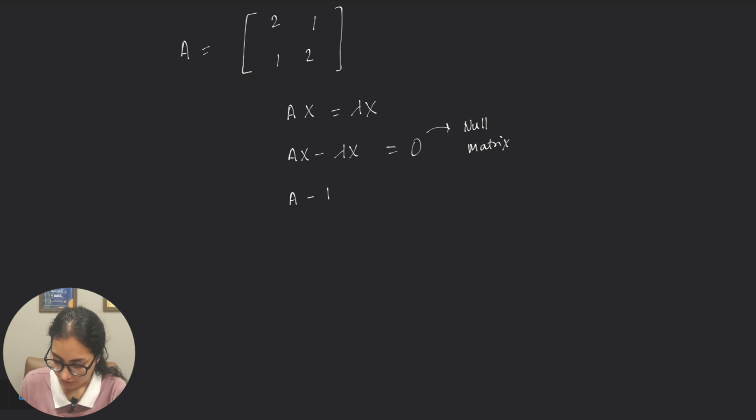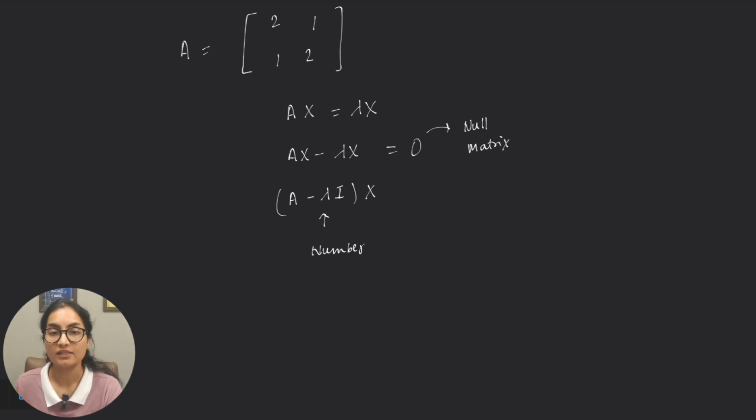Then if I take my x out, lambda is a number, a scale with which my eigenvector is multiplied. In multiplication to lambda, I have an identity matrix, because matrices can be added or subtracted with a matrix only.